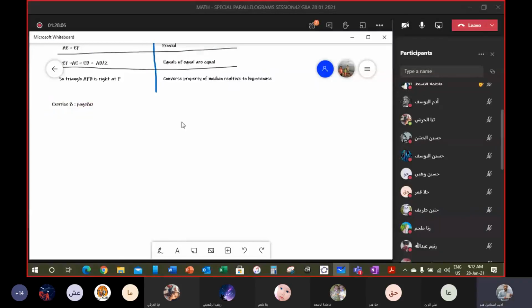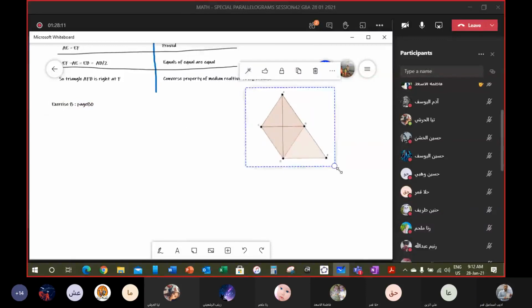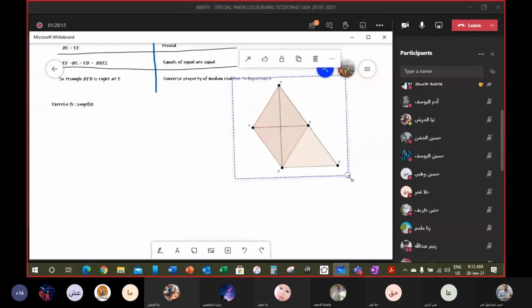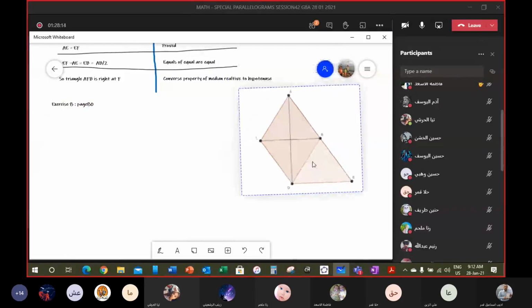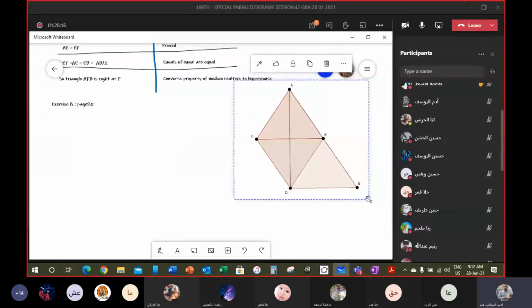This is the figure. باين الفيجر هلا مظبوط.